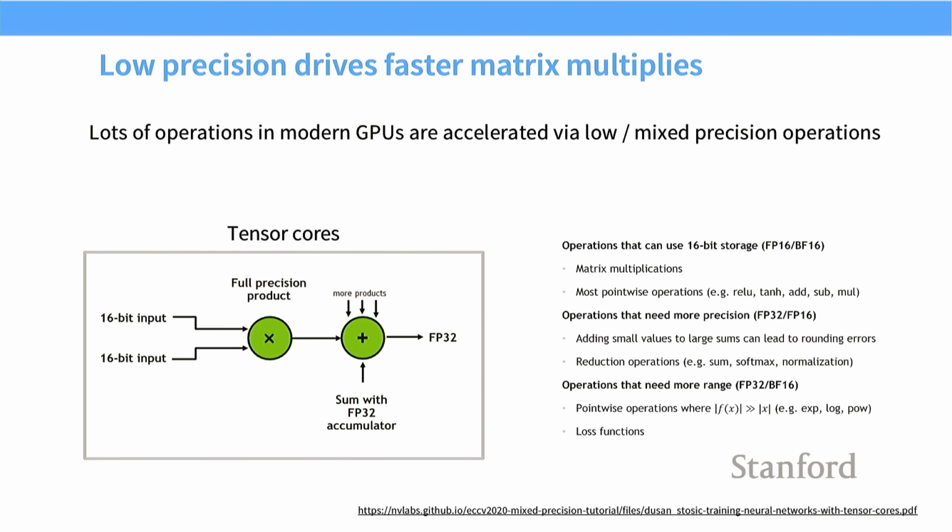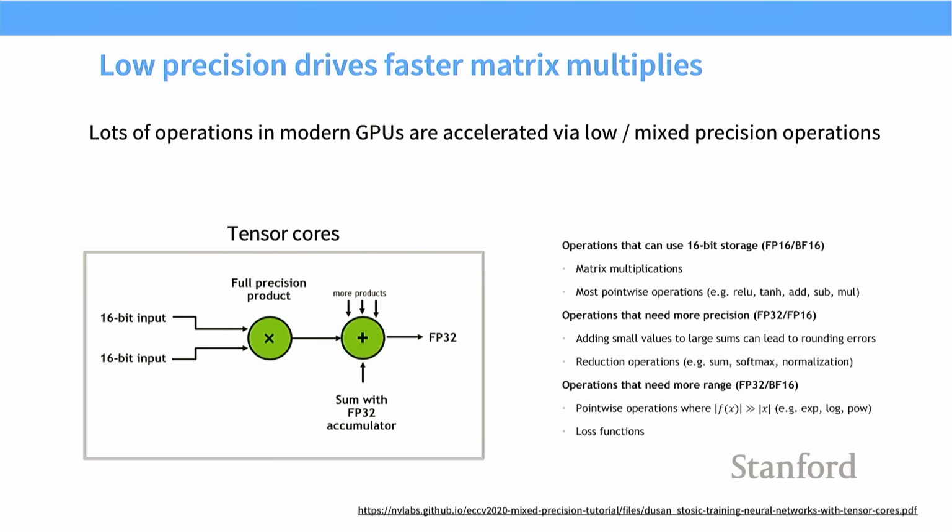And a key part here is that not all the parts of your network and your training algorithm should be put into low precision, right? So let me give you an example of matrix multiplies. In mixed precision matrix multiplies, you would have your inputs be 16-bit, so these are low precision. And then you're going to do your multiplication in full 32-bit, right? And that's useful because for the intermediate computations, as you're accumulating partial sums, you would like that to be in high precision.